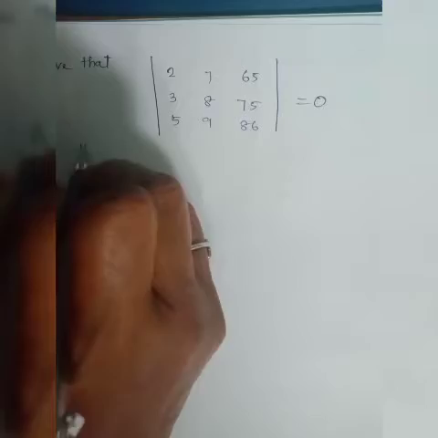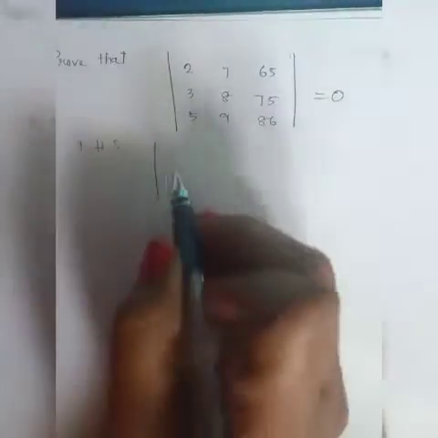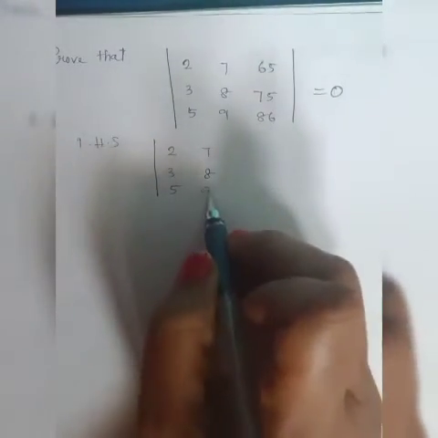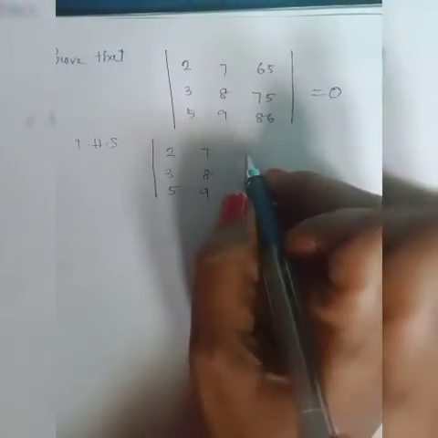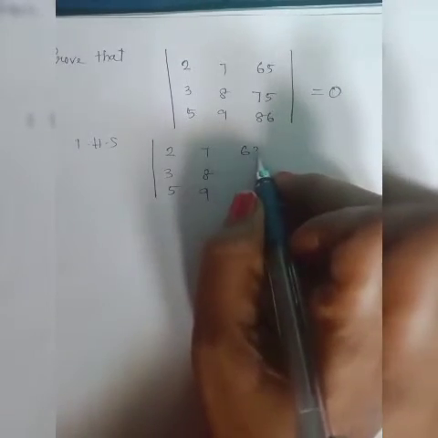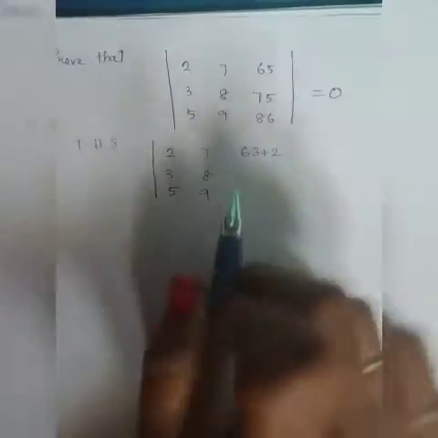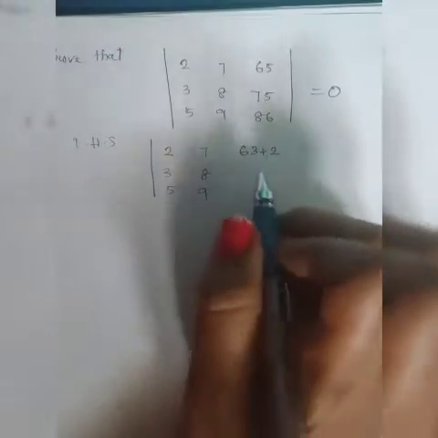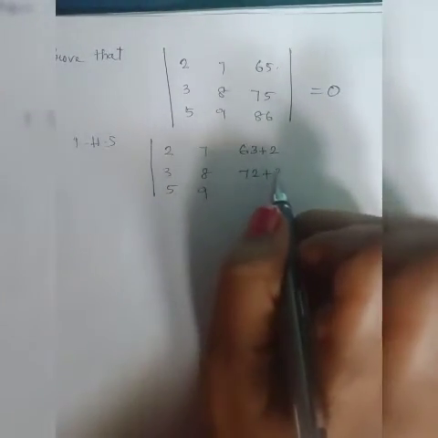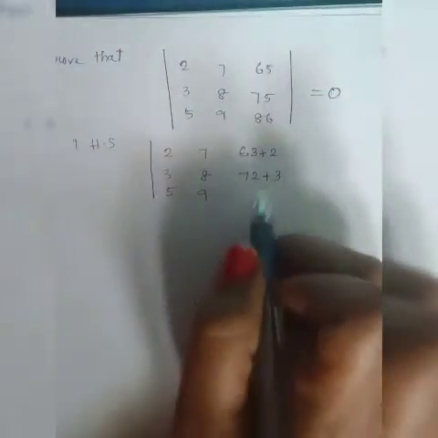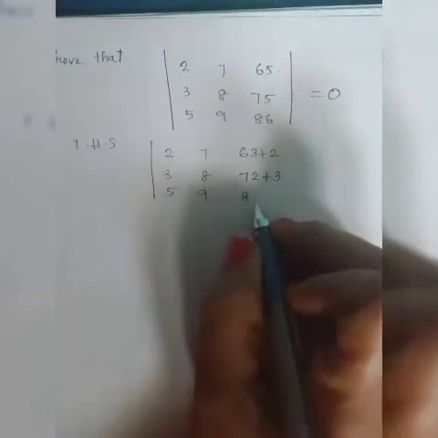I can take the left hand side determinant, which is 2, 3, 5, 7, 8, 9, and I can write 65 as 63 plus 2. Similarly 74 can be written as 72 plus 3, and 86 can be written as 81 plus 5.